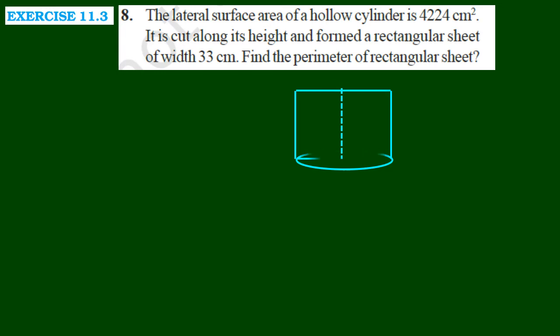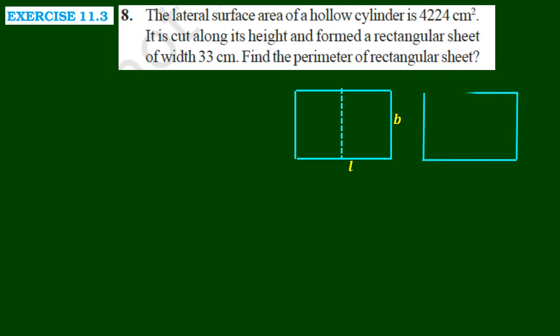See, the circular part, when you unfold, will become the length of the rectangle, and the height is the breadth of the rectangle. If you have any doubt, if you did not understand it clearly, I will show you once again.